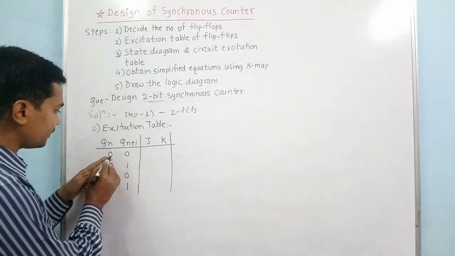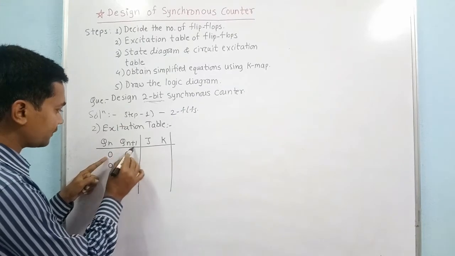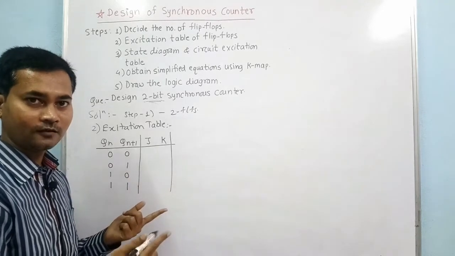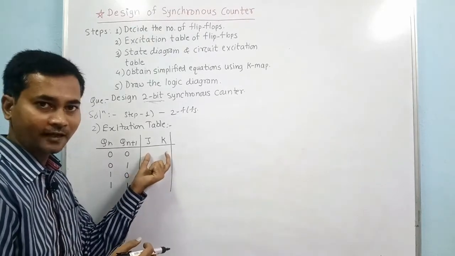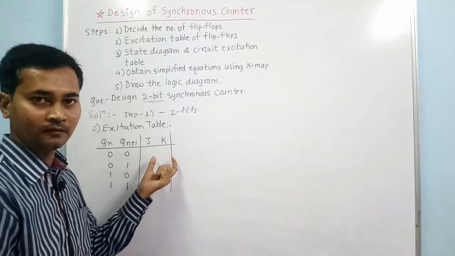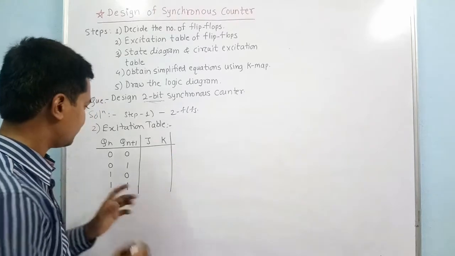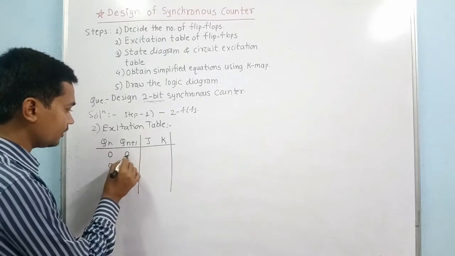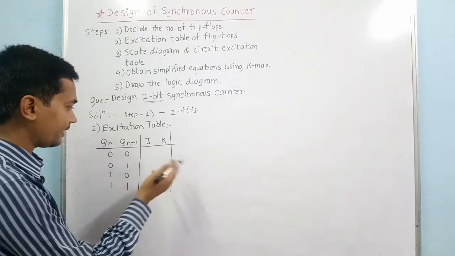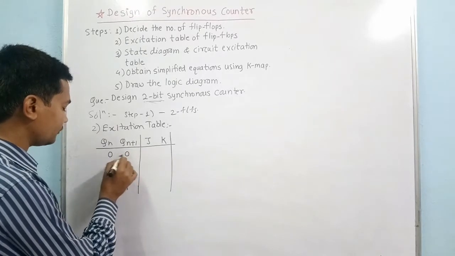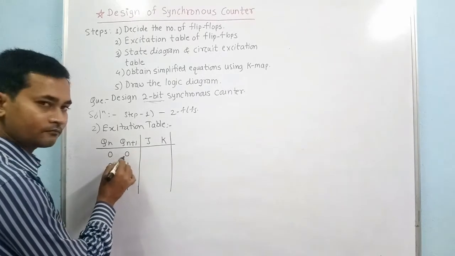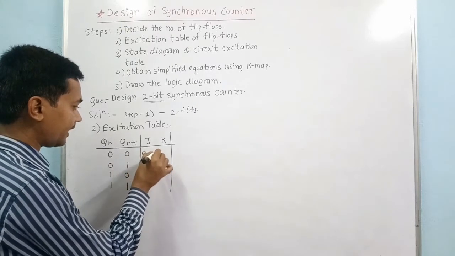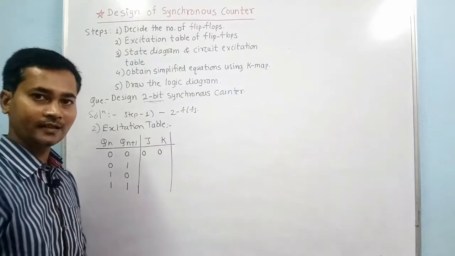If Qn equals 0 and Qn plus 1 equals 0, then what should the J and K values be? Finding these 2-bit JK values is nothing but the excitation table. If the present state is 0 and the next state is 0, that is a no change condition. So J may be 0 and K may be 0.